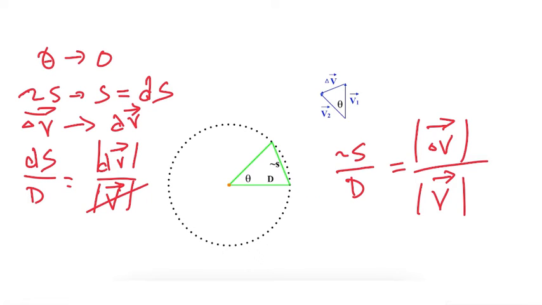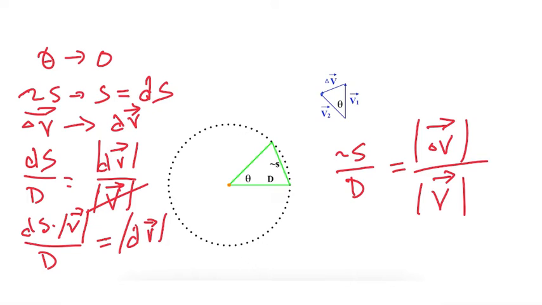Now let's multiply both sides of this equation by the absolute value of the velocity. So this will go away, and on the left-hand side we'll have ds times absolute value of the velocity over d equal to simply the absolute value of dv.